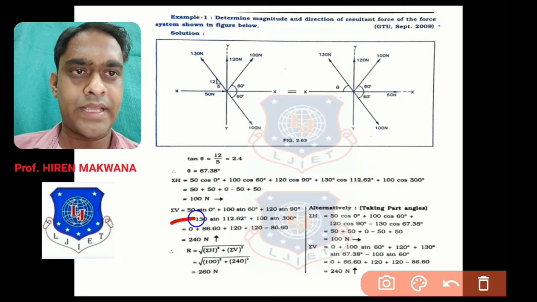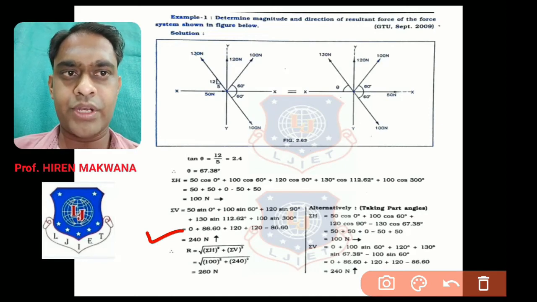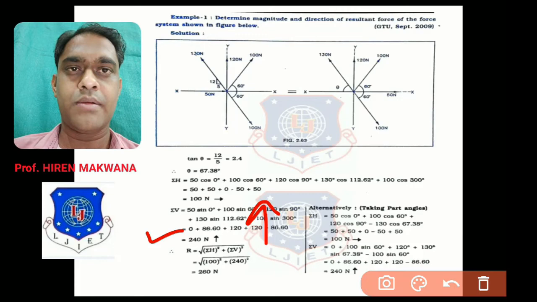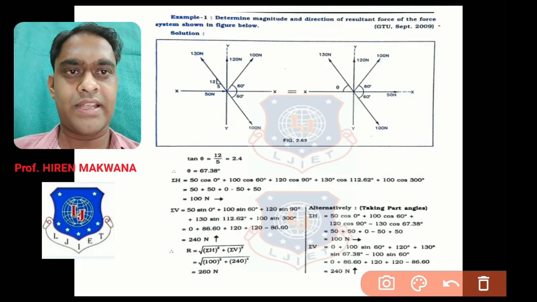So it will be 50 sine 0, 100 sine 60, 120 sine 90, etc, etc. So by calculating these values in your calci, sigma v is equal to 240 Newton, positive 240 Newton. Positive 240 Newton means it is along positive y-axis. So arrow will be upwards, direction will be upwards. So this is very simple method.